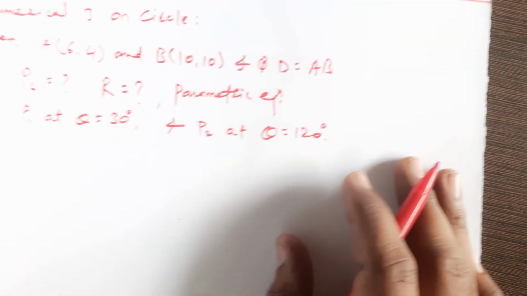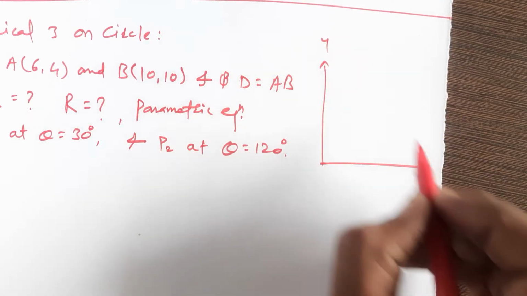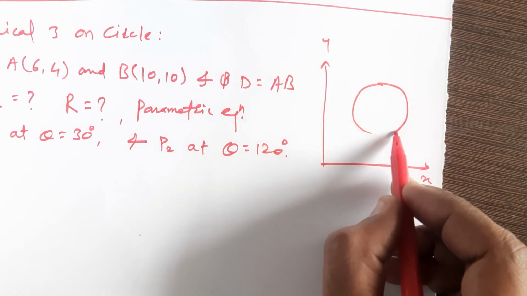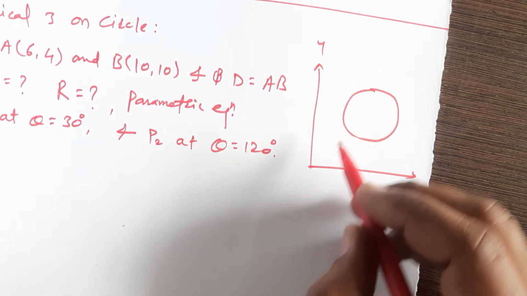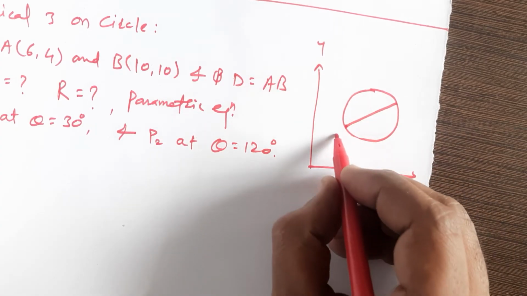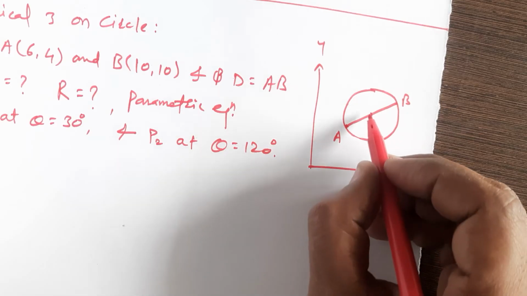Okay, now if you want to see, the circle will be like this. This is the y-axis, this one is the x-axis, and the circle will be somewhere here. Okay, and the coordinates of points A and B are given. So here point A will be there, here point B will be there. Okay, and this will be the center of the circle.